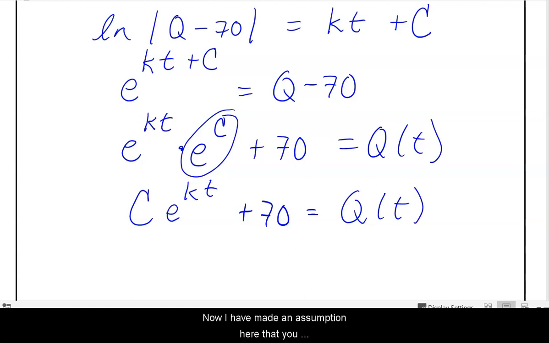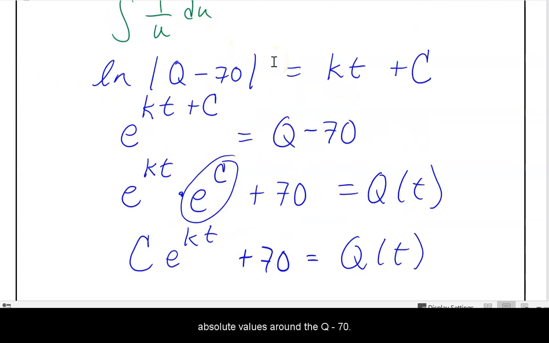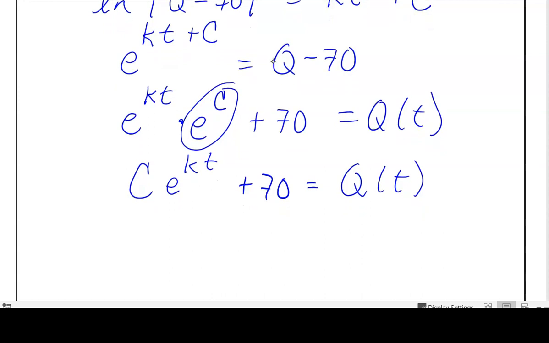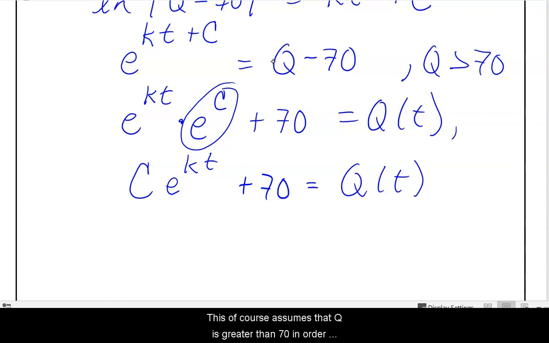Now, I have made an assumption here that you can't necessarily make. In this case, I assume that q would come out to be larger than 70, meaning that q minus 70 is strictly positive. If that cannot be assumed, then you will have to keep the absolute values around the q minus 70. This, of course, assumes that q is greater than 70 in order to write it in this format.